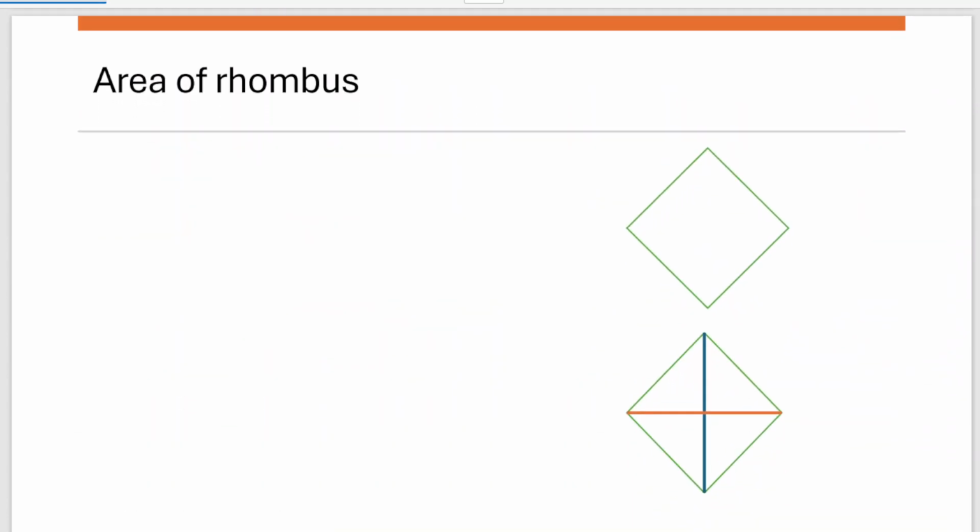Next, now how can we find the area of a rhombus? Okay, so we know what is a rhombus. Rhombus is a quadrilateral whose all four sides are equal. So it is A, this is also A, this is also A, and this is also A. Suppose the length of the two diagonals, this is your diagonal 1.